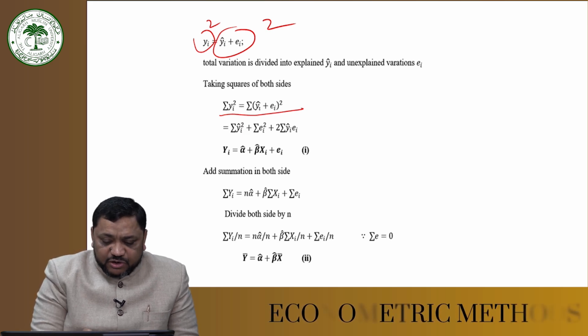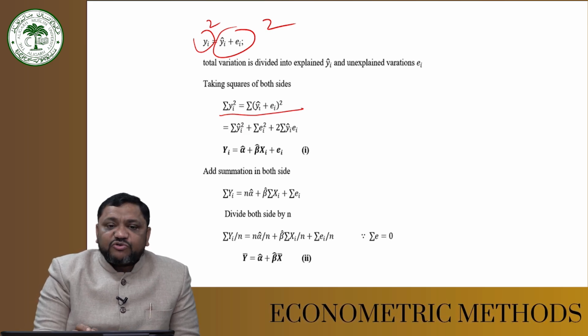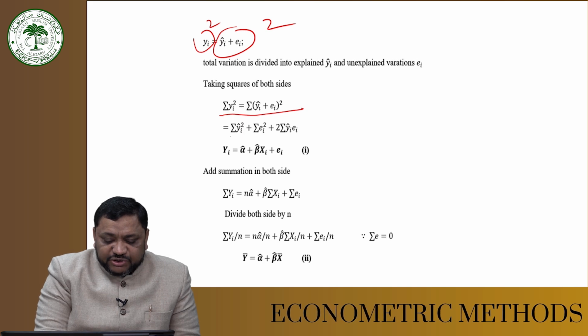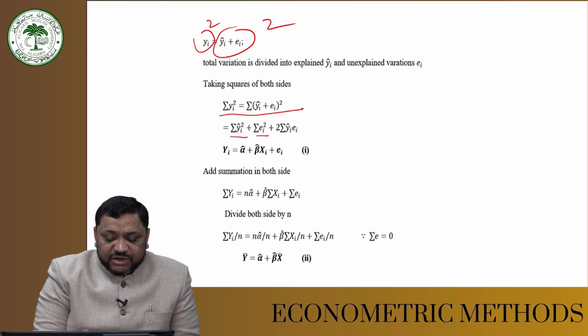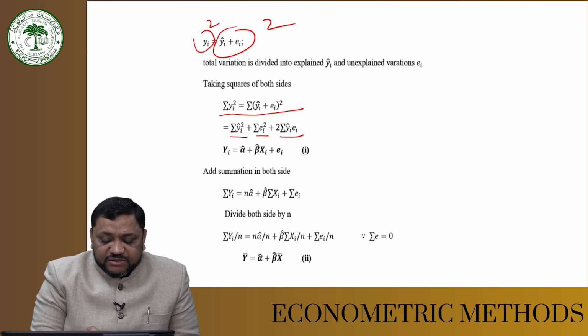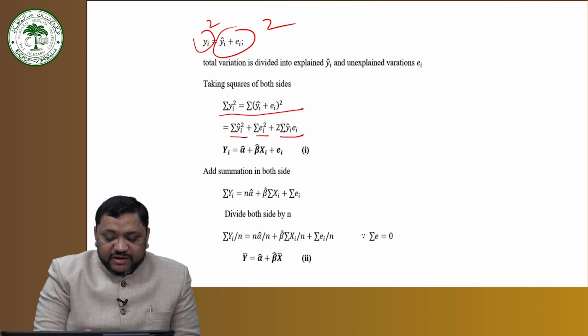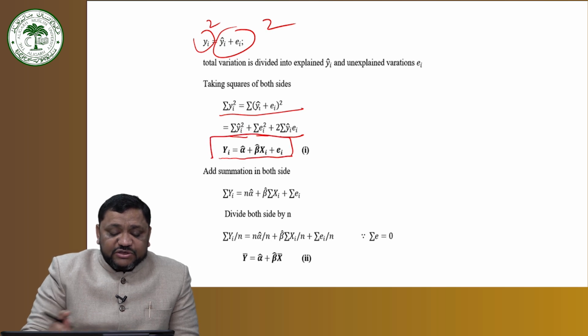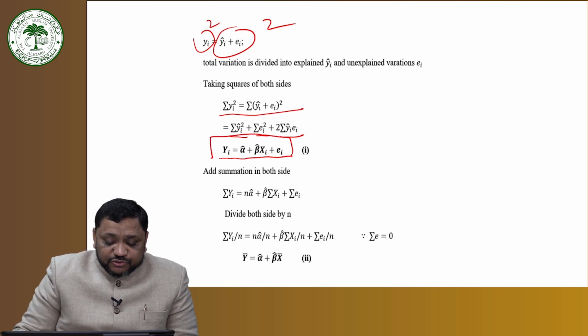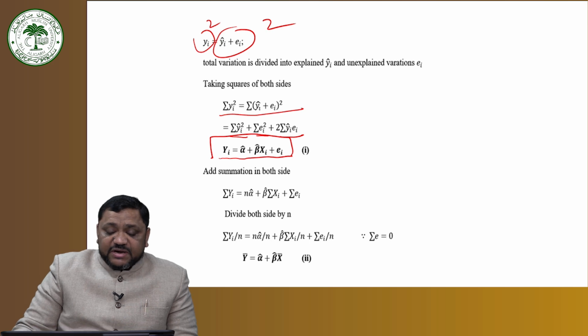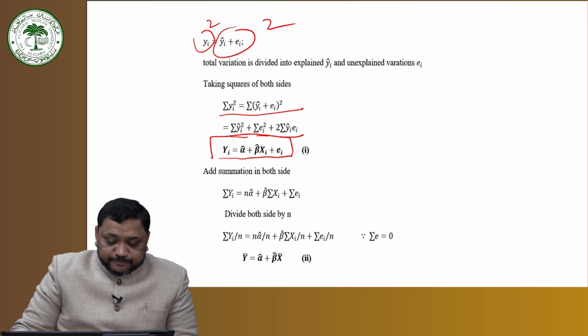We open the bracket using the formula a square plus b square plus 2ab. So we get summation y hat square plus summation e square plus 2 summation y hat e. From this we write the equation as yi is equal to alpha hat plus beta hat xi plus ei.